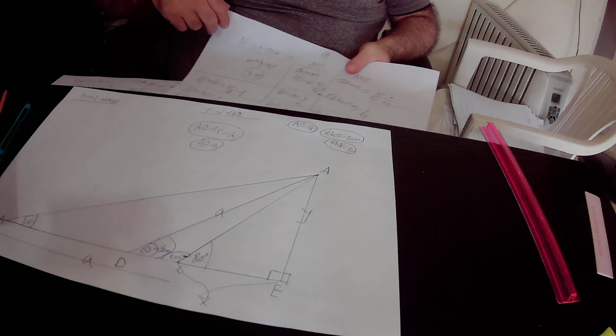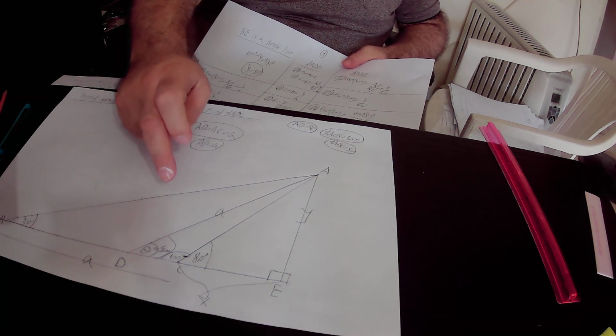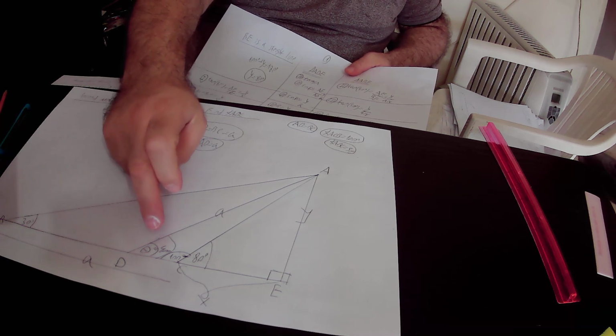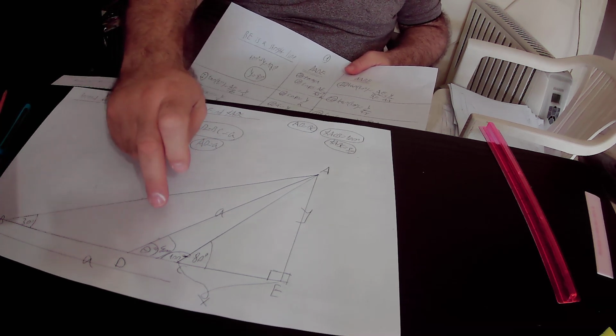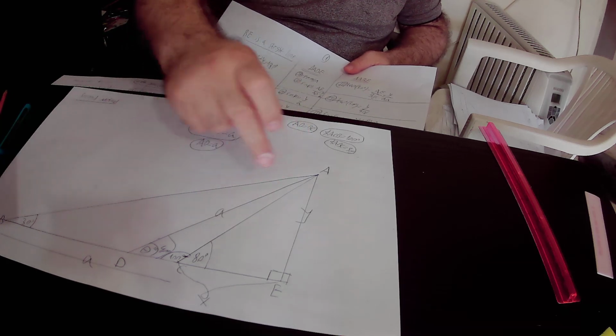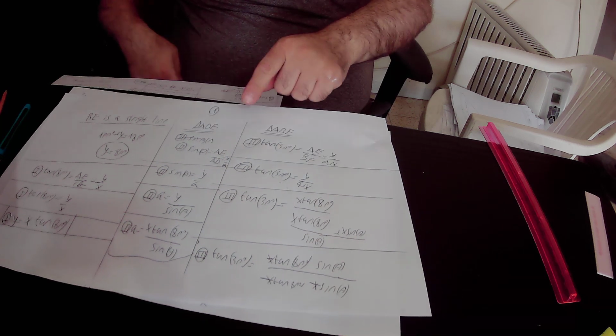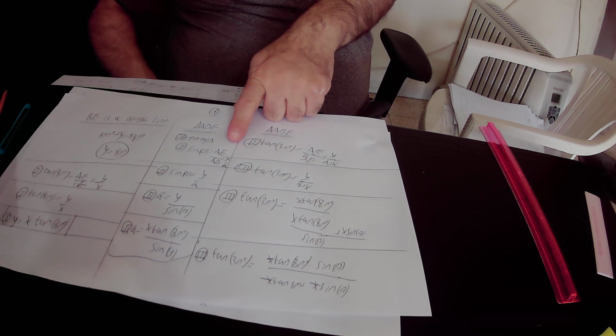Then we focused on the right triangle ADE. In the right triangle ADE, we defined angle ADE as theta, and we know that sine theta equals AE over AD.